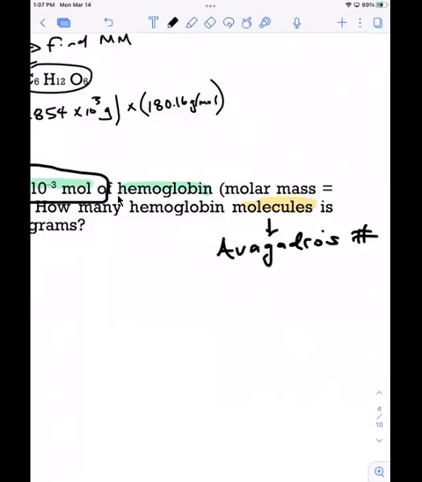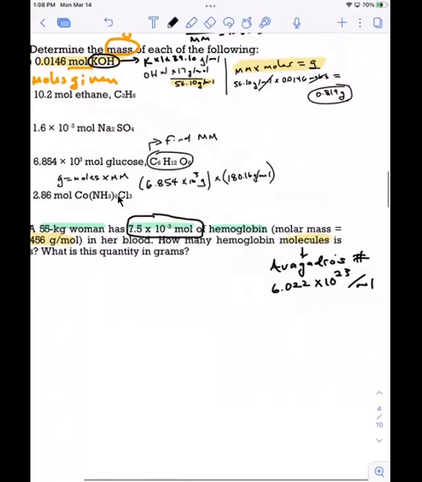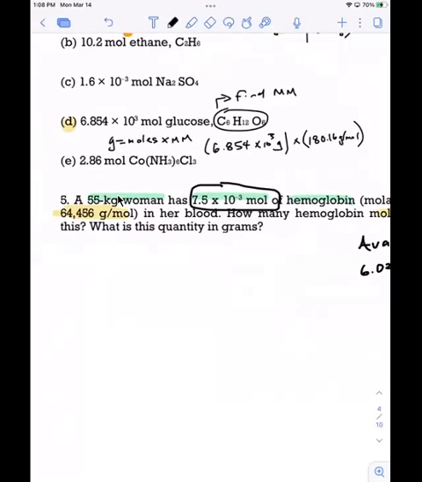I have Avogadro's number, which is 6.022 times 10 to the 23rd, whatever per mole. I can put any number in the top and get the number of units or discrete particles per mole. So let's do that. We're going to find out molecules first, and that's going to be 7.5 times 10 to the minus 3 moles.